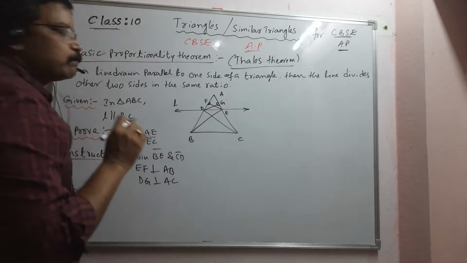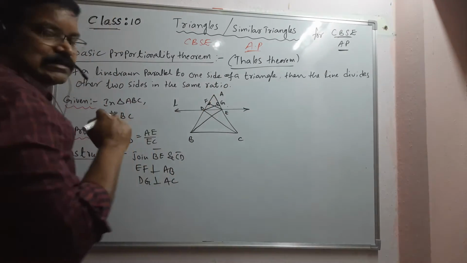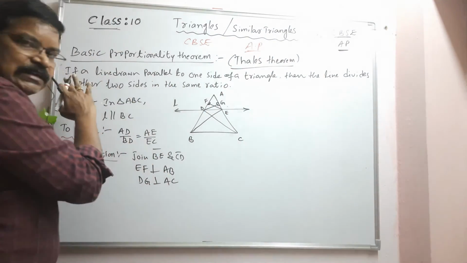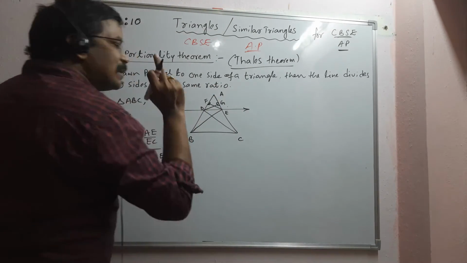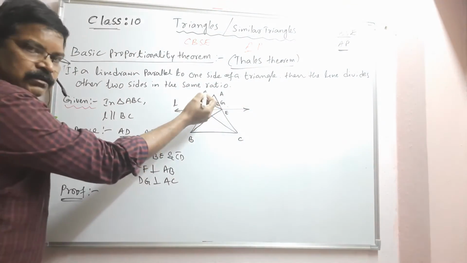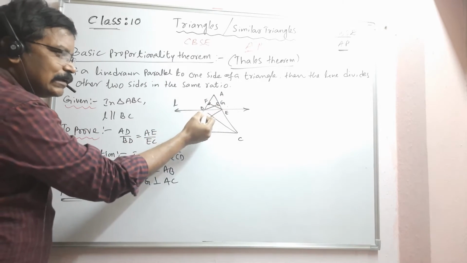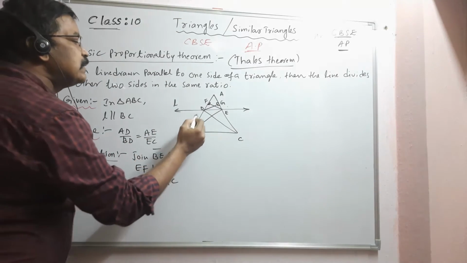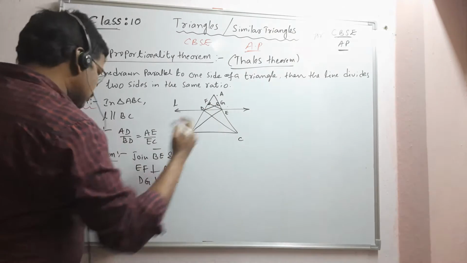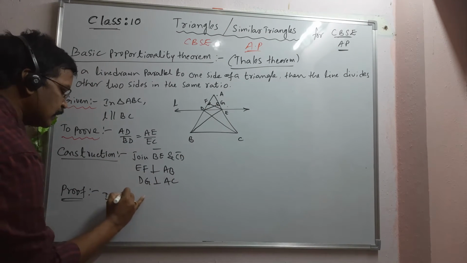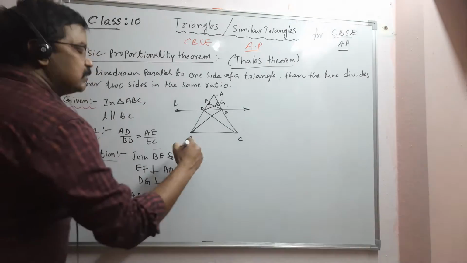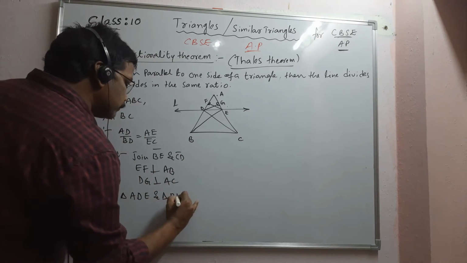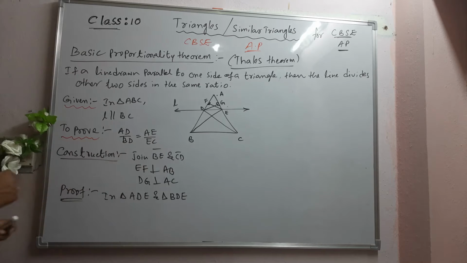Okay, here take the two triangles lying on the left side. ADE is one triangle. Are you observing? ADE and BDE. In triangle ADE and triangle BDE, this is another triangle.